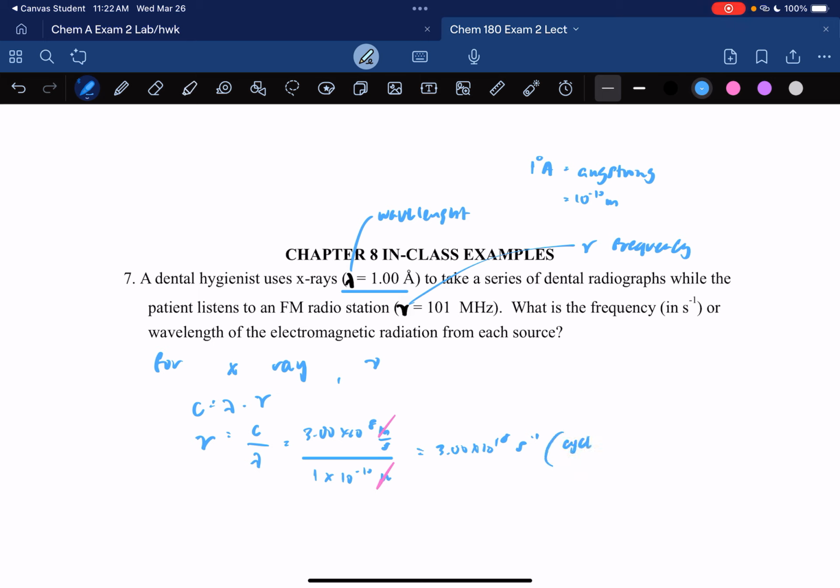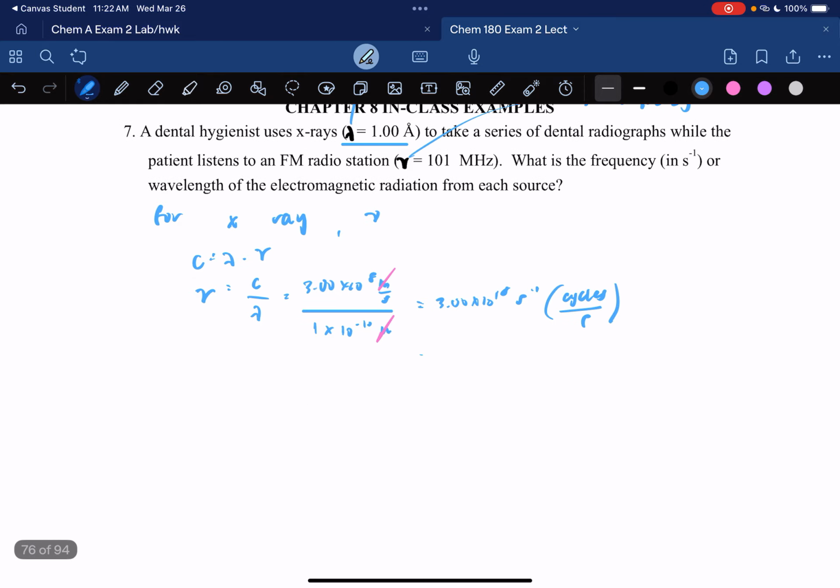For the radio waves from the FM radio station, the frequency is 101 megahertz. So again lambda times mu equals C. In this case you know mu, the frequency, so you want to find lambda, which is C over mu.